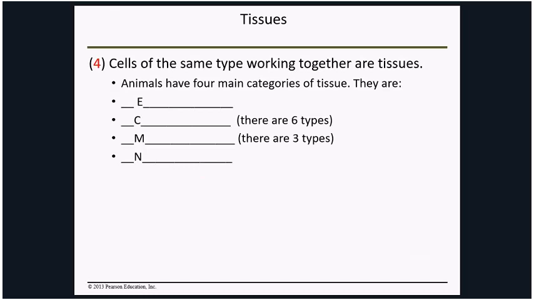So animals have 4 main categories of tissues. And so what are they? If you want to write them over there or think them in your head, you can use something like this great text box feature over here.